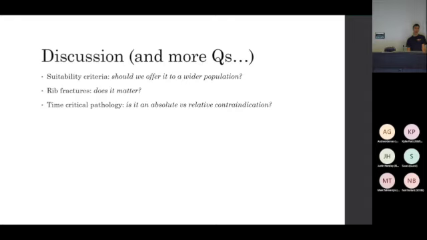So the consequence of doing a SABRE on scene for patients who are going to be managed conservatively is a little uncertain. The question is whether identified time-critical pathology is an absolute contraindication, or maybe just a relative one that we have to think about before we consider performing this.